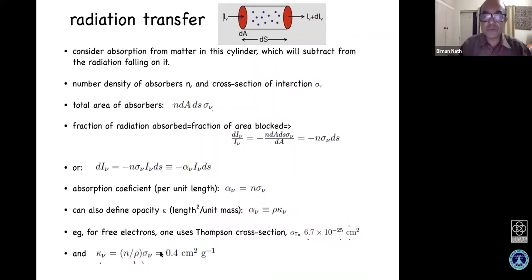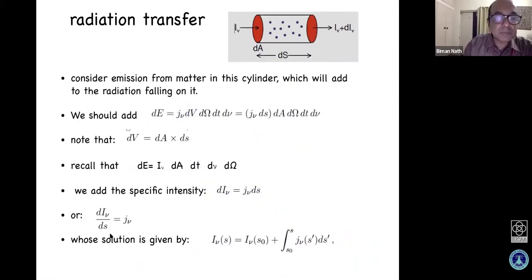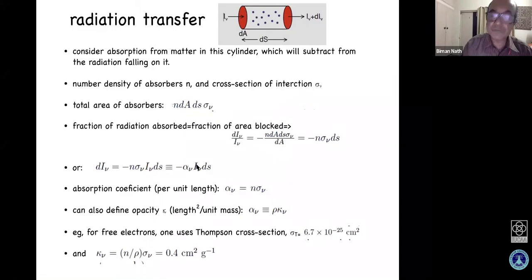So it's useful to remember some of these numbers, which might be useful later when we talk about stellar interiors, for example. So we have two cases. One, there was a term because the radiation has an extra contribution from the intervening matter radiating by itself, and then the intervening matter can absorb, so there will be a negative term.